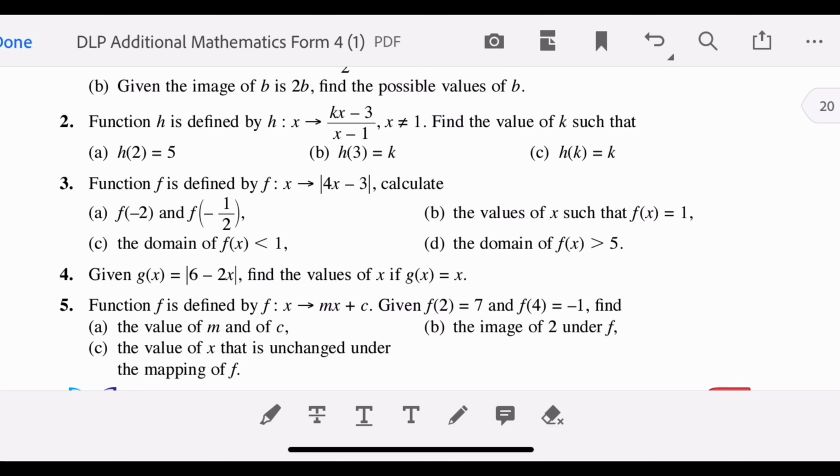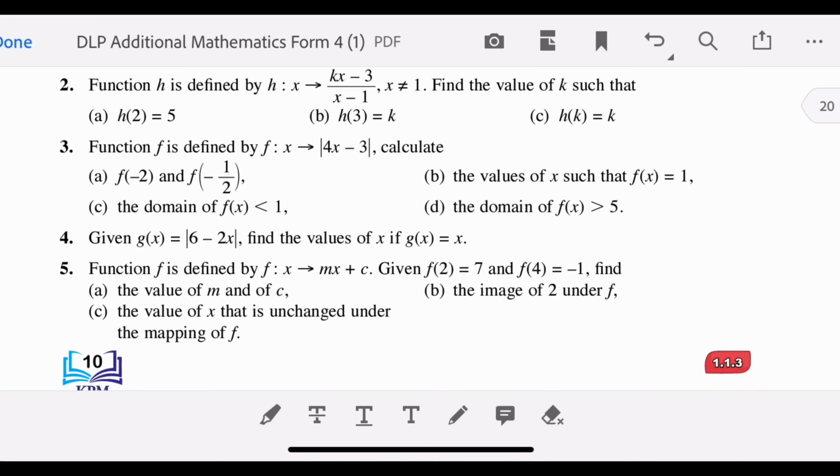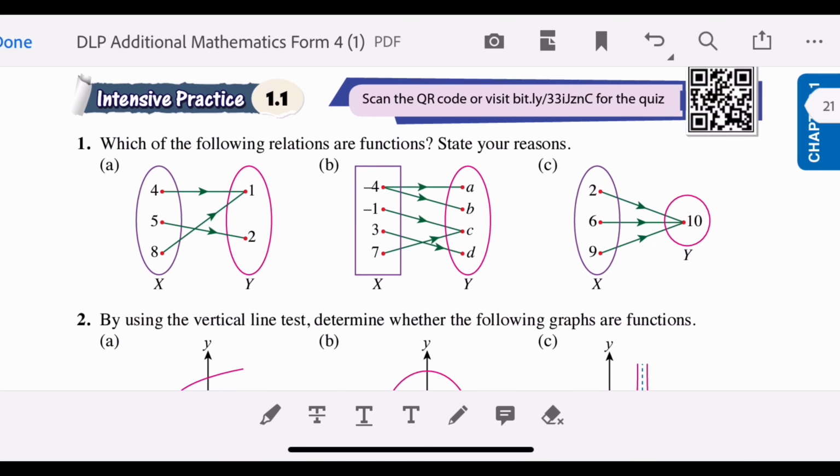I will continue the next teaching video with composite function, inverse function, and also the application of HOTS questions. For today, I shared with you what an object, image, and range are, what an absolute function, discrete function, and continuous function are, and how to find the range.